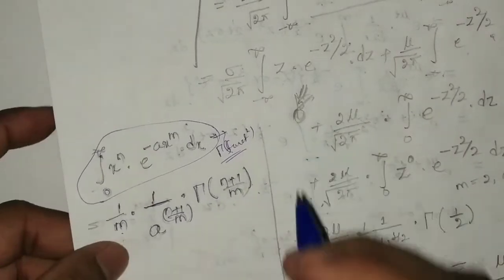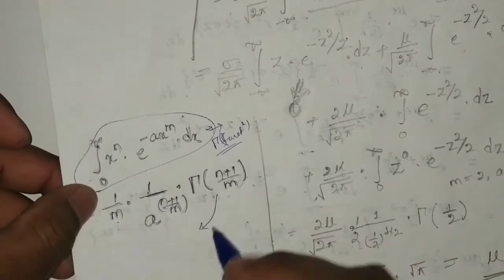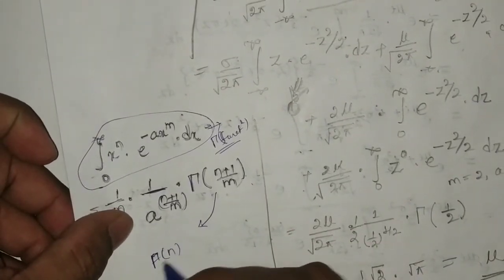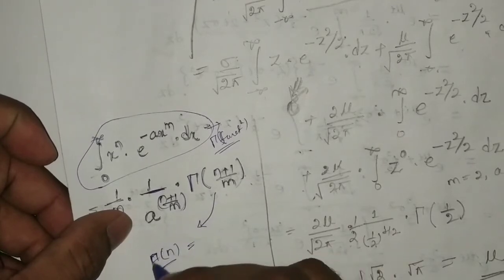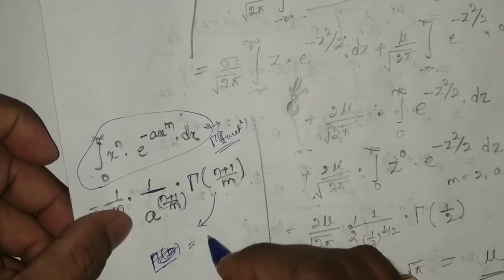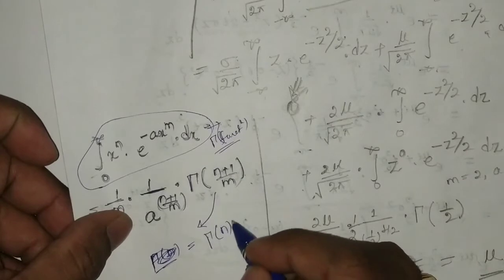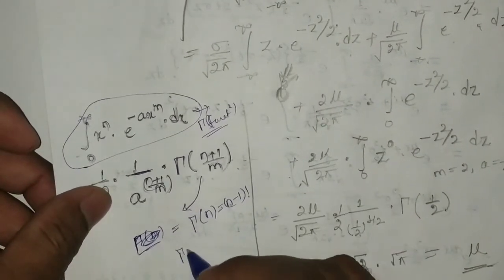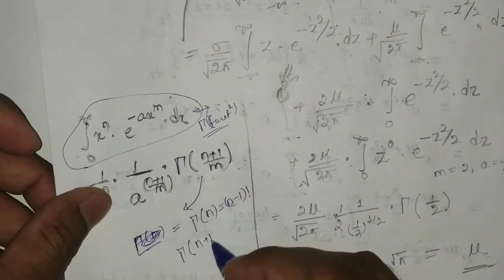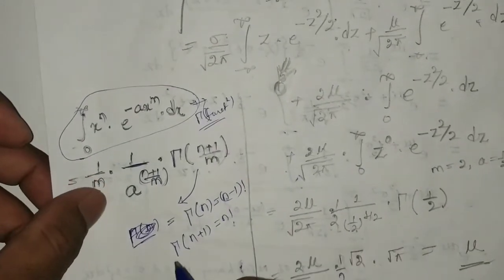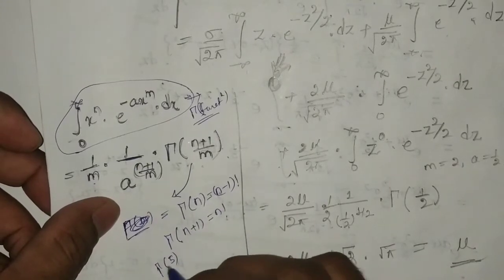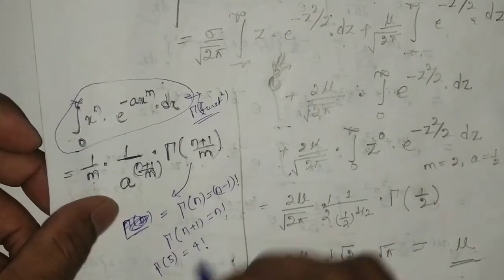And in short I am discussing the gamma function: suppose we have gamma n, it is your gamma symbol, this one. See, if we have gamma n, that is nothing but (n minus 1) factorial, or you can say gamma (n plus 1) is nothing but n factorial. So gamma 5, if you want to calculate, that is nothing but 4 factorial. Okay.